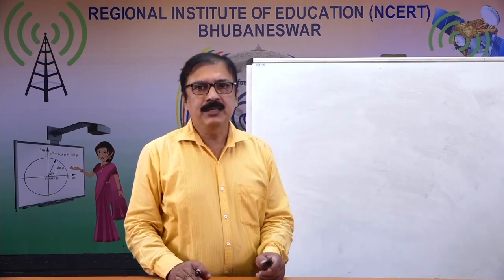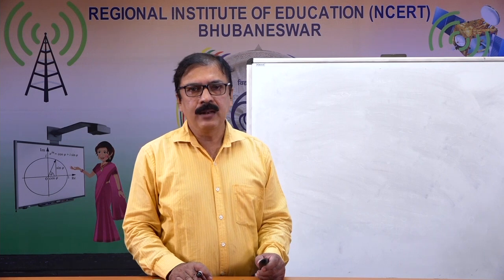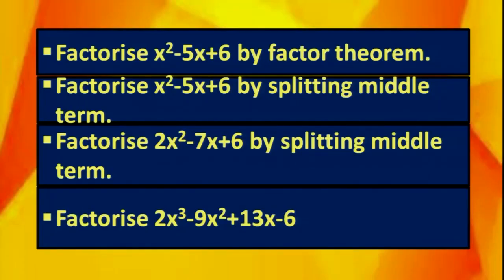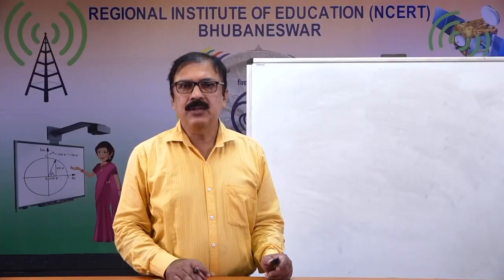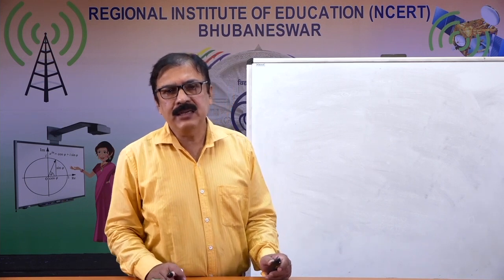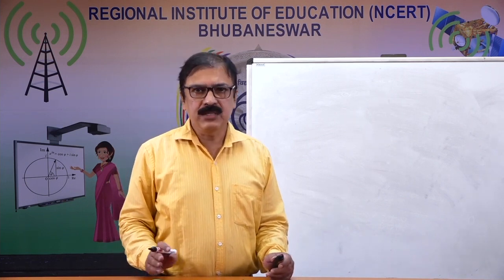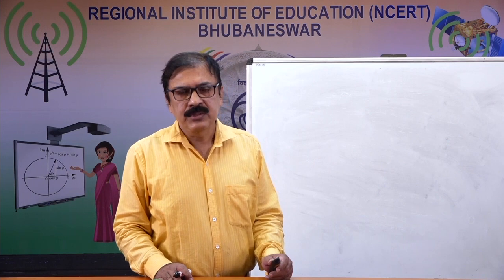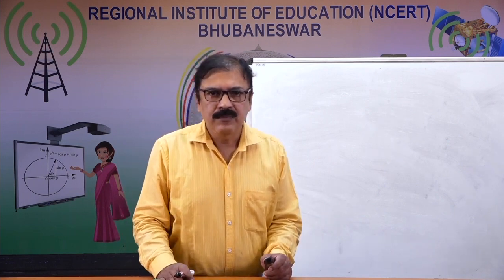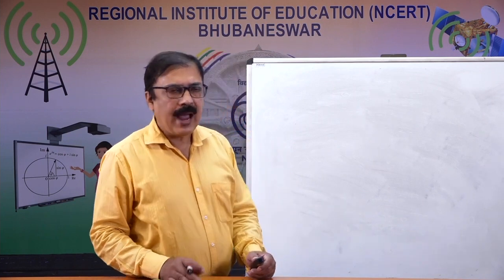Now let's see another polynomial. Here it is 2x cube minus 9x square plus 13x minus 6. Clearly this is a cubic polynomial and it is not possible to factorize it by simply splitting the terms. So what to do? Let's try with the factor theorem. How to try?